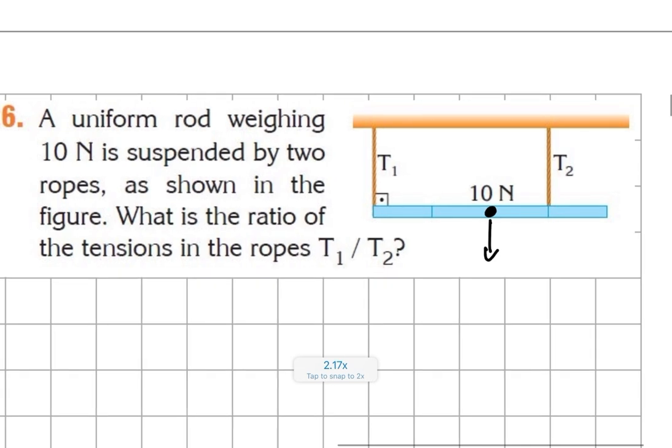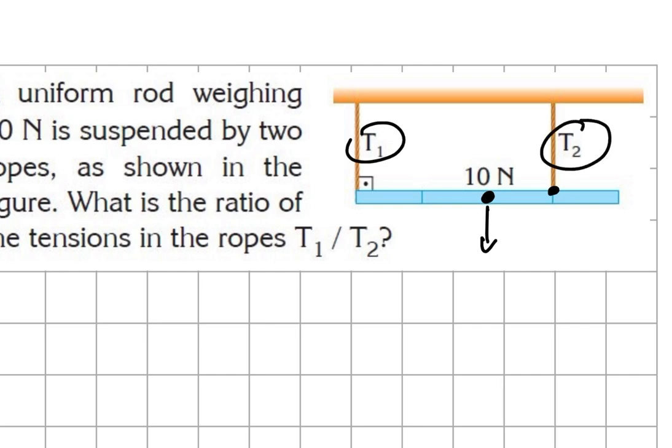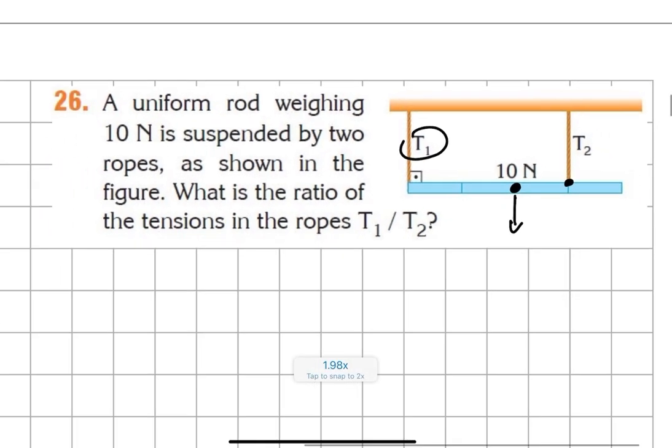Now, in order to define each of the tensions, we have to choose 2 different pivots for 2 different tensions. In order to get tension 1, the pivot must be at point T2, under T2. And in order to get tension 2, the pivot must be at this point. So let's firstly define T1.